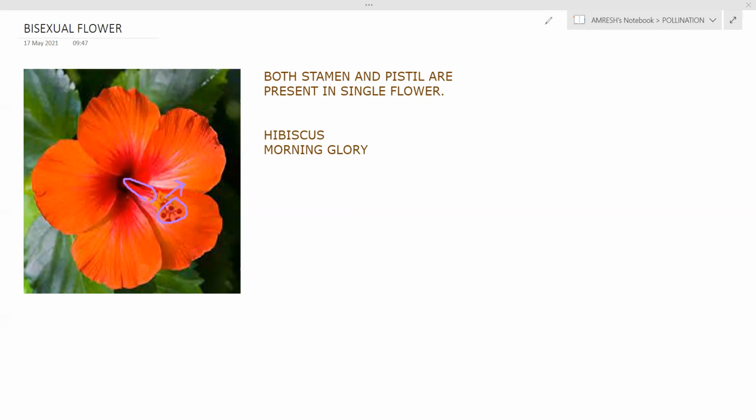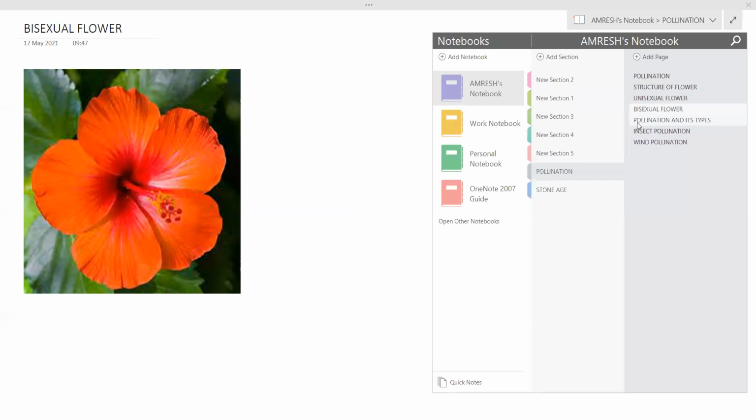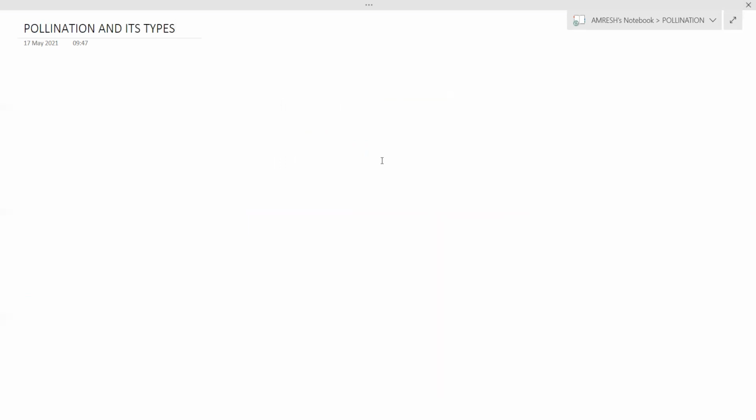Now we will learn about pollination. I have given you a gross idea, but we will learn about pollination and its types.